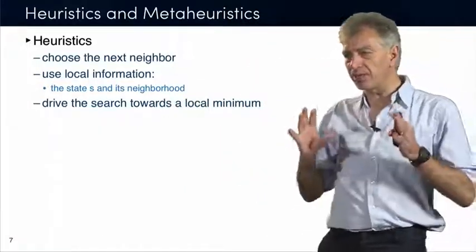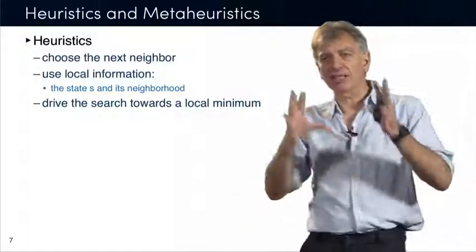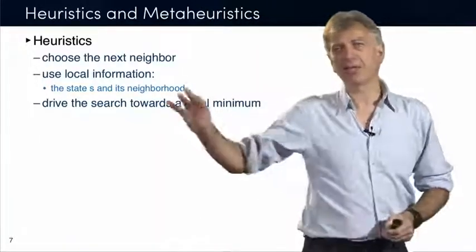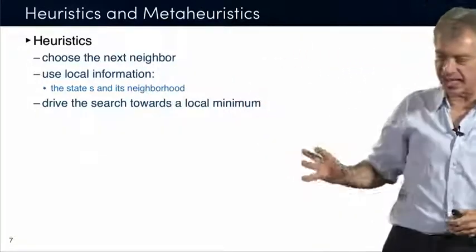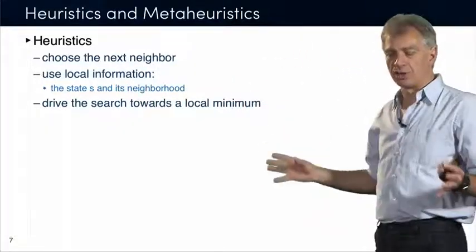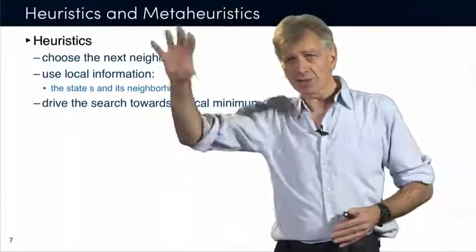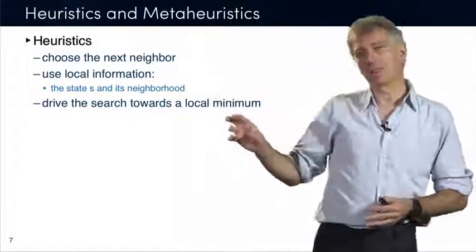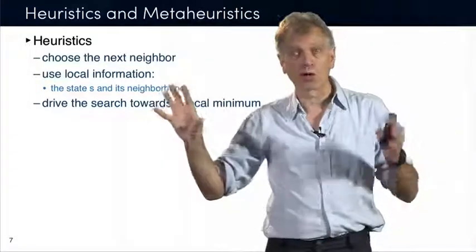Typically you use only local information, the state S at which you are and the neighborhood. The goal of this heuristic is to drive you down to a local minimum, hopefully a good one.